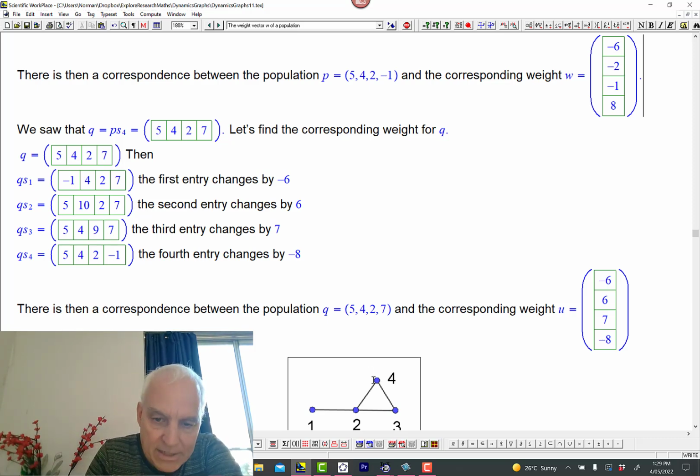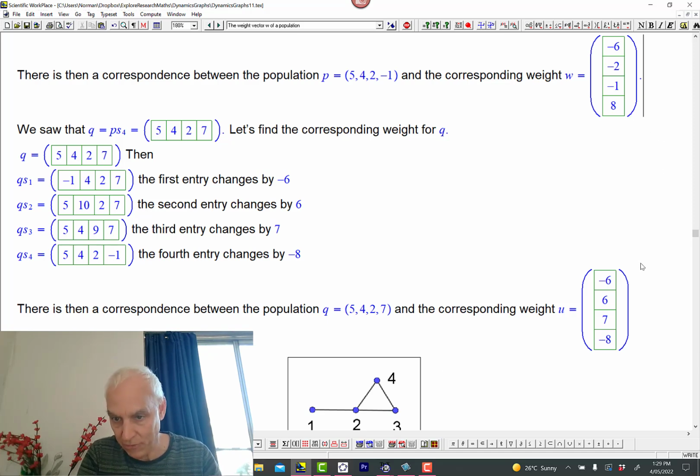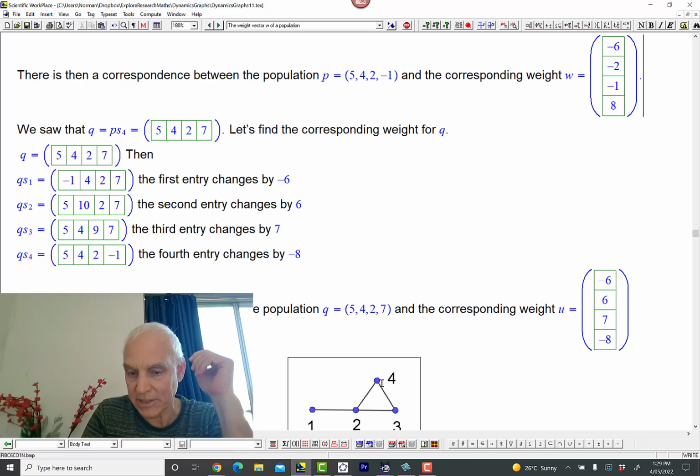If we mutated a population at the vertex 4, then what would happen is that the value at 4 would change sign, yes, but it's the directly neighboring vertices that would add a copy of their population to 4. What's happening here now on this weight level is sort of, in some kind of sense, the opposite. The weight value at the vertex in question does change sign, just like in the other case. But before that happens, that is copied to each of the directly adjacent neighbors.